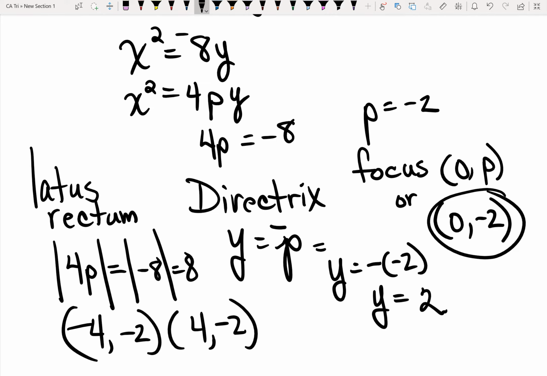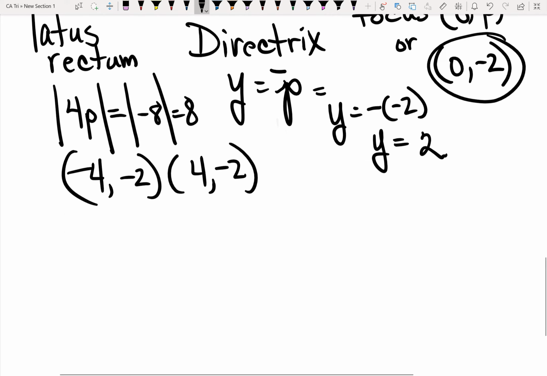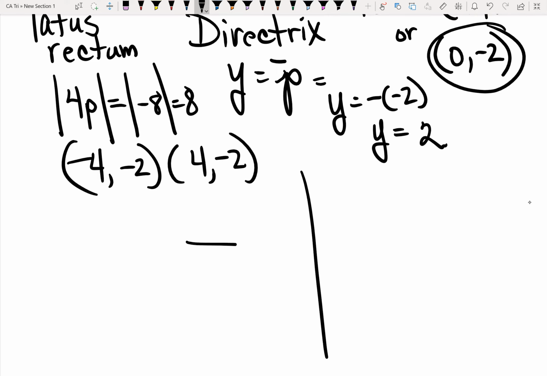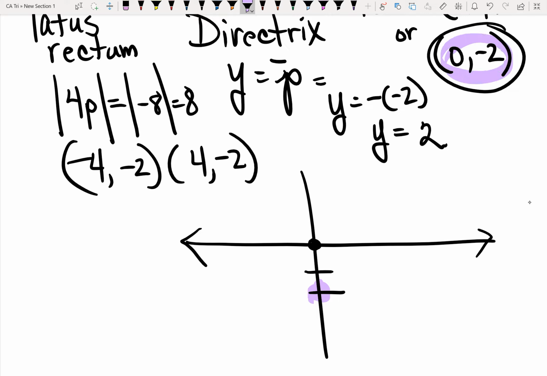And so if we were to sketch this, I'll bring this up this way. This should help us. Okay, and since it's a negative, obviously it's going down. So here's our vertex. We're going to go down 2 units. This point is our focus right here. And we know that that is 0, negative 2, right?